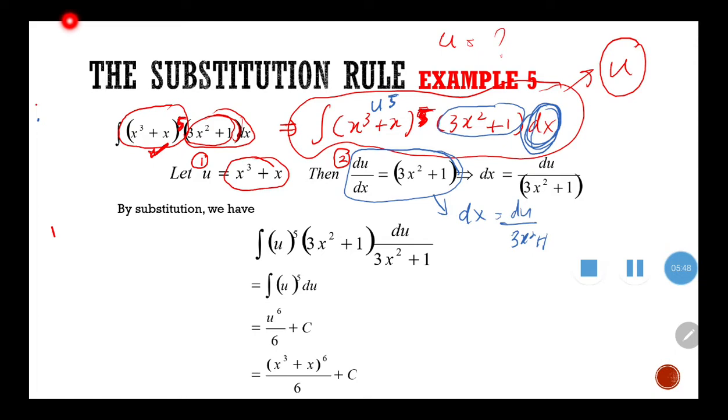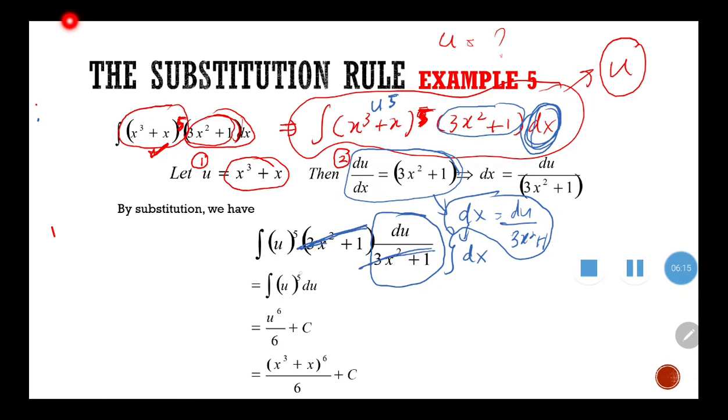So now that's why lah kat sini saya ada ni du over 3x squared plus 1 because this is equivalent to dx yang ni. Okay, nampak tak? Okay, then x cubed plus x ni saya dah replace with u power of 5. Then now we have no problem, you may cancel 3x squared plus 1 with this 3x squared plus 1. Nampak tak?